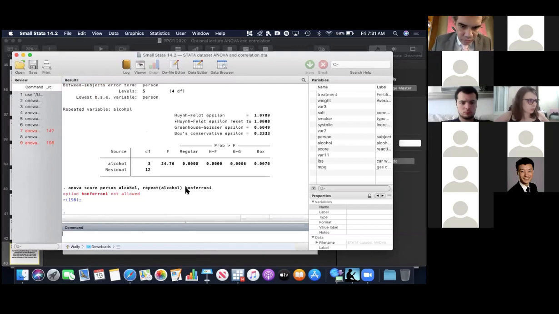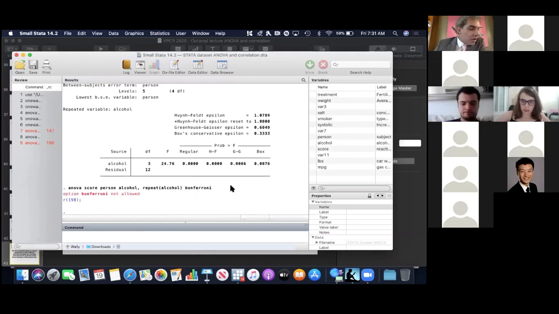Uh-oh. No. Well, I don't know how to do the Bonferroni in a repeated measures in STATA, but the other thing you can do is pair t-tests to see which group is different, or you can do Bonferroni, but I really don't know the command here.